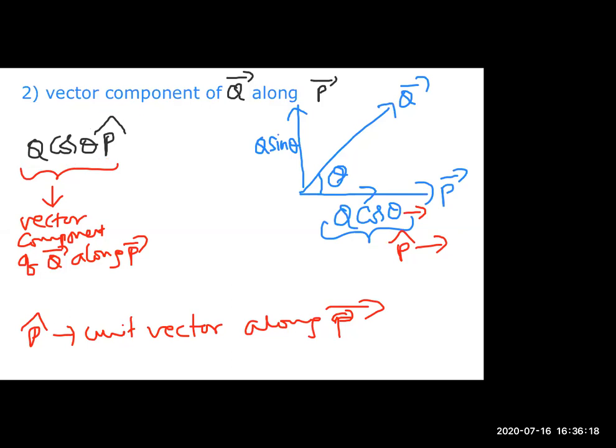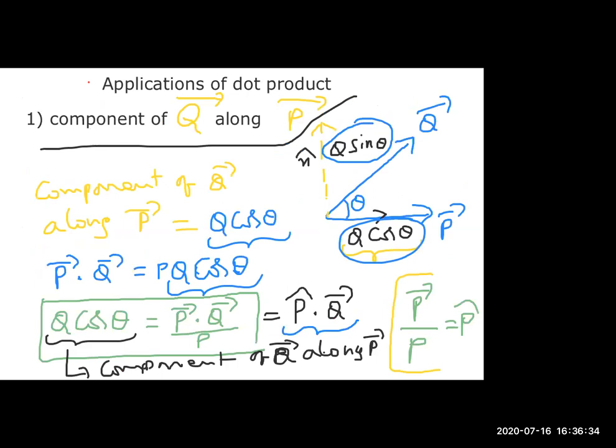Now, how to handle the vector component? Observe carefully here: Q cos theta into P cap. In my previous step, I wrote very clearly what Q cos theta is. Do you remember?